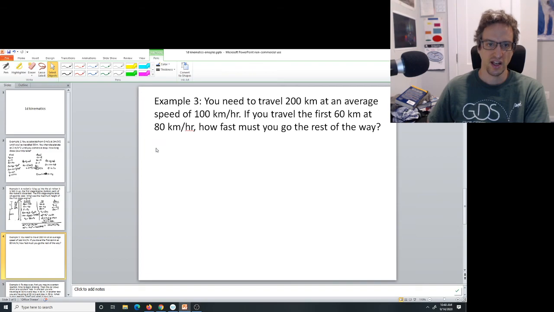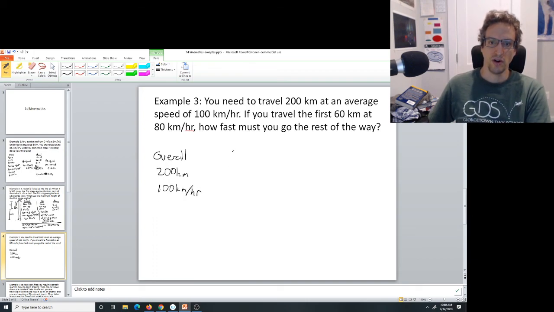So if we're looking at this as your overall, you might say it's 200 kilometers, 100 kilometers per hour, right? The first part is 60 kilometers, 80 kilometers per hour.